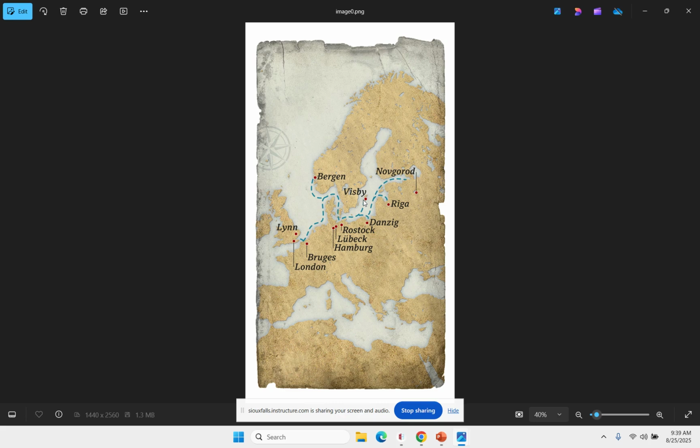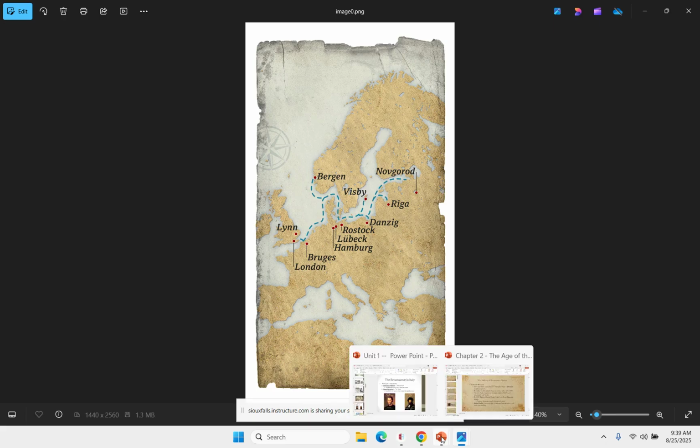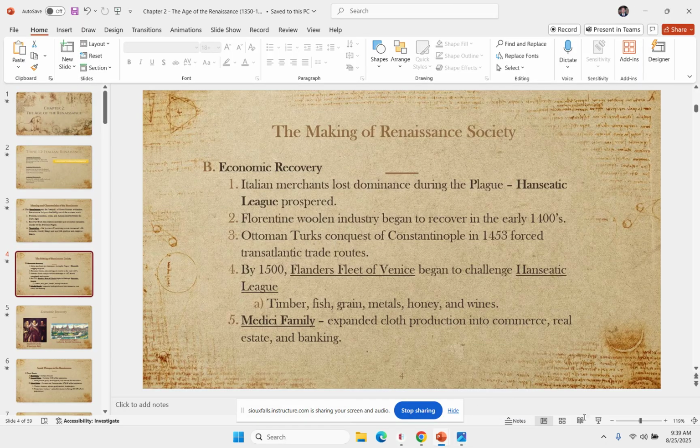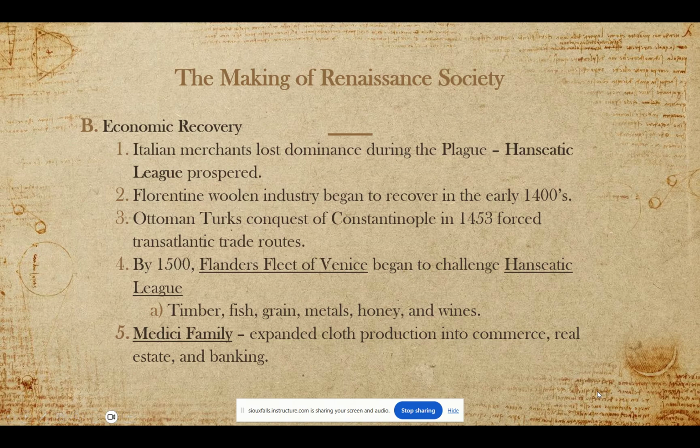And despite they were hit by the plague and definitely had a lot of economic despair, it was the Mediterranean that was hit a little harder, right? So once the plague had ran its course and Europe started to recover, we start to see the city-states of Italy challenge the Hanseatic League.